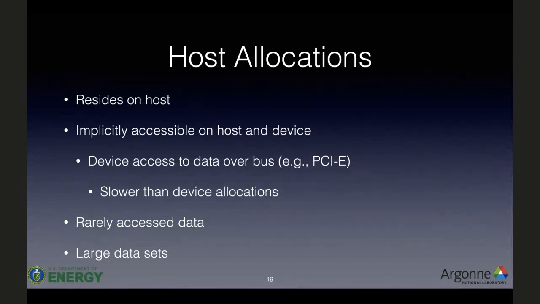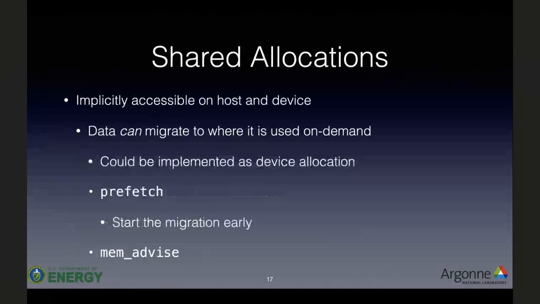So the intention is for rarely accessed data or large data sets that can't fit all on the device at once. There are shared allocations, which are implicitly accessible on both the host and device. And the data can migrate on demand. However, it's not required to migrate.